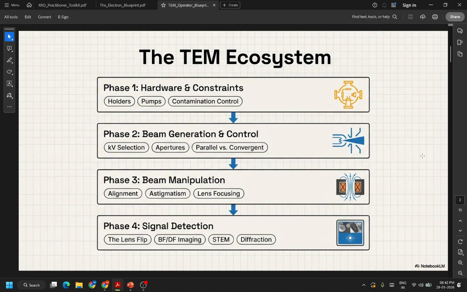Then beam manipulation: alignment, astigmatism, focusing. And then signal detection, where you may want flipped images, bright field imaging, dark field imaging, STEM, which is scanning transmission electron microscopy, or you want to see diffraction.